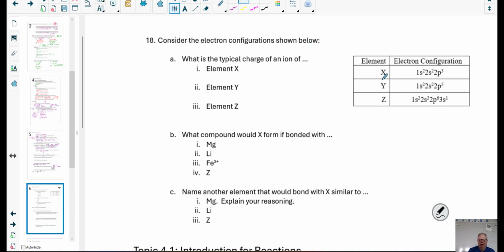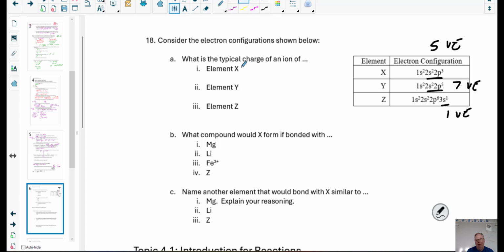All right, so here element X, we know 2p3, so therefore we know that means that it has 5 valence electrons. We know 2s2, 2p5 means it has 7 valence electrons. And 3s1 means it has 1 valence electron.